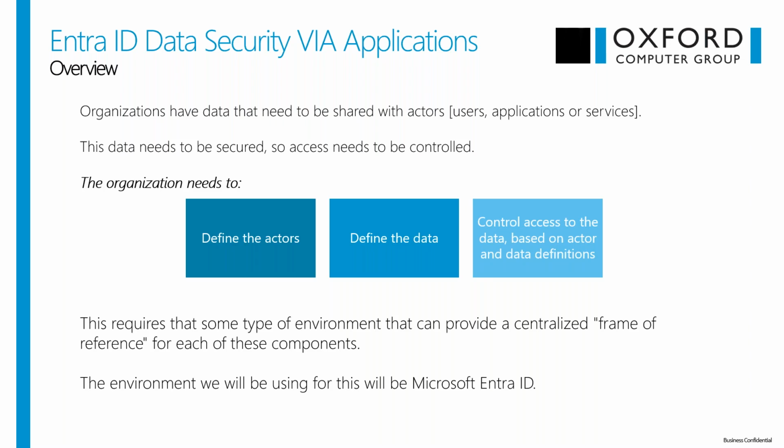And then we also have to define the data somehow digitally. And once we have that information, then we can put this platform around it to control access. And that's the way that the whole modern auth platform works. That's the common scenario. And what I'm going to talk about today is Entra ID and how Entra ID handles that.